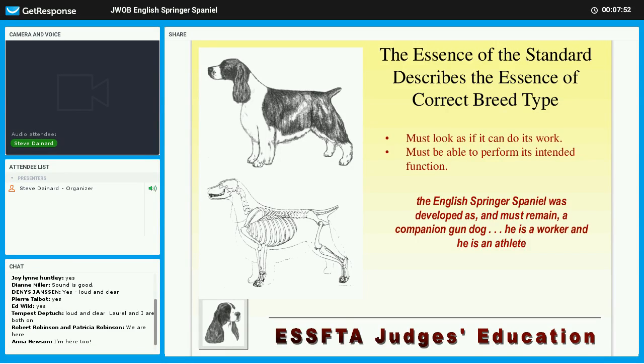Okay, a Springer should look and have heart for days. It should be in well muscular condition. Should have quality, correct coat type to be able to do what it was bred for, and it must be functional.